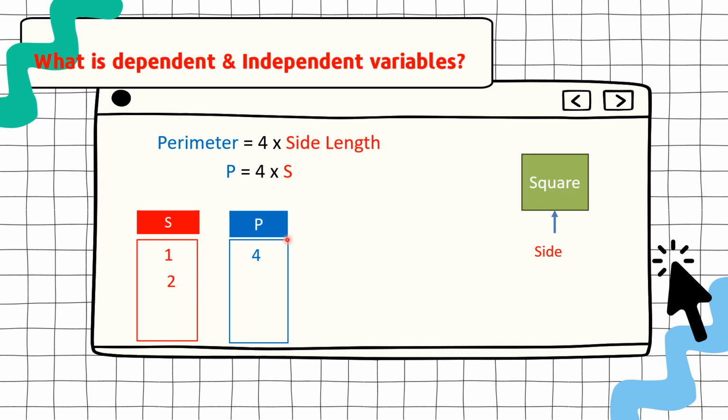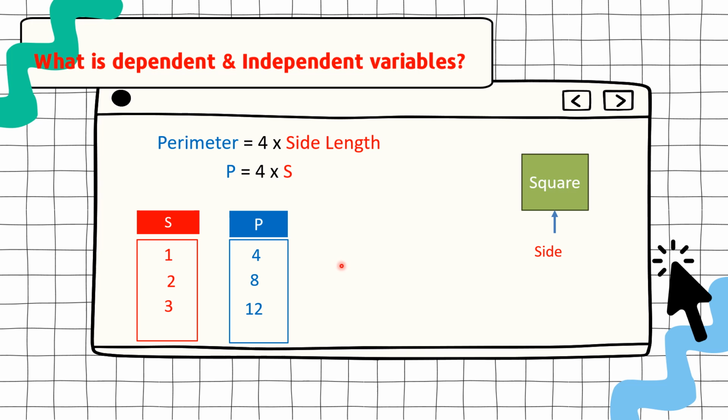If S equals 2, we substitute in the equation: 4 multiplied by 2 equals what, math champions? Excellent, equals 8. If S equals 3, so P will equal what? 4 multiplied by 3 equals 12.